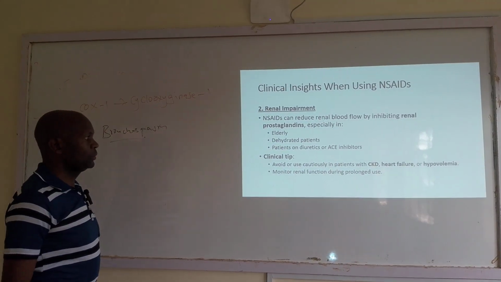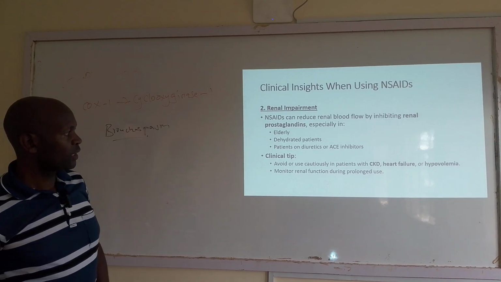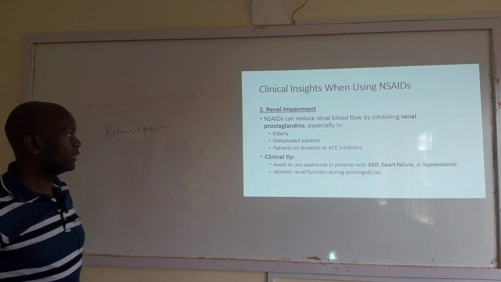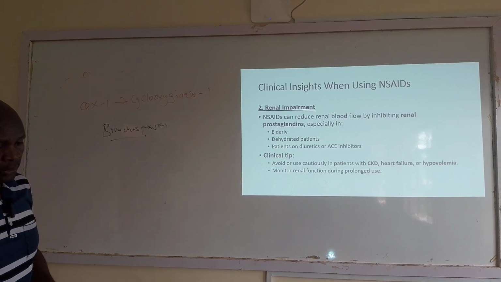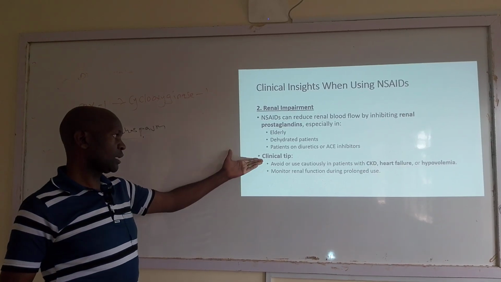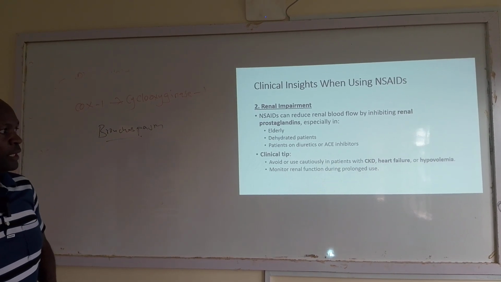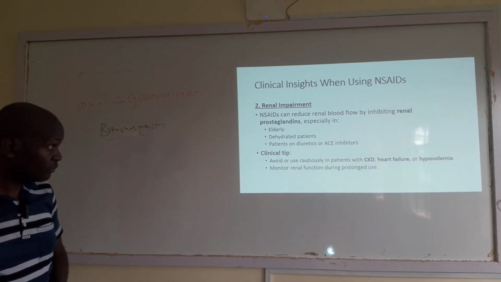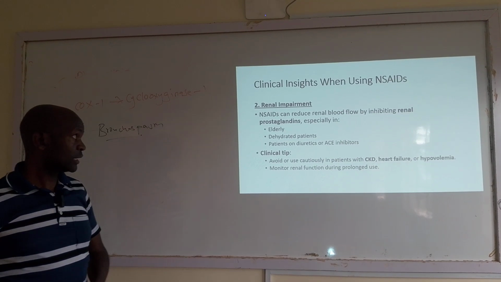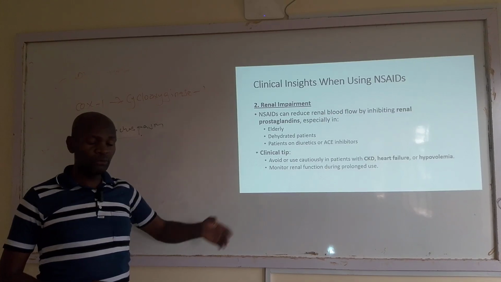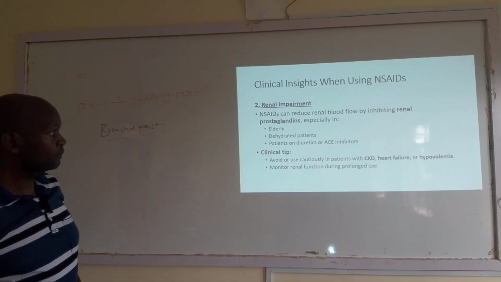So as a clinical tip, you need to avoid these NSAIDs, or you can use them cautiously in patients who have CKD, heart failure, and hypovolemia. And whenever these patients are using NSAIDs, you have to monitor the renal function tests.